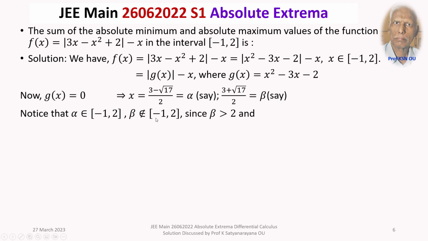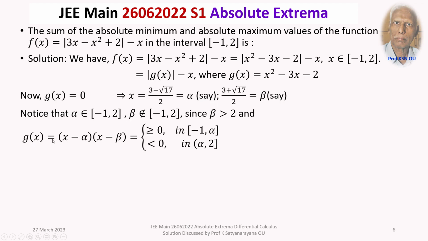Therefore, it does not belong to the closed interval minus 1 to 2. So, there is only one root, alpha, that lies in the given interval. So, g of x is written as x minus alpha into x minus beta. We consider two subintervals: the closed interval minus 1 to alpha, and the other one, open at alpha, closed at 2.